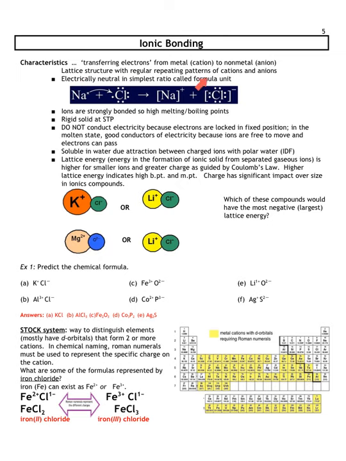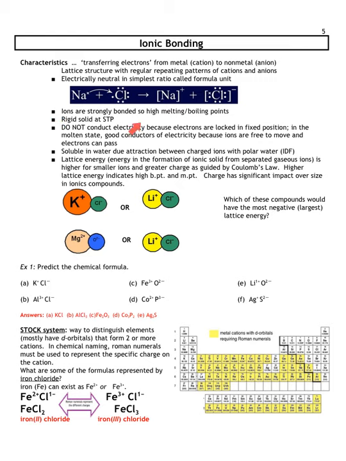A single ionic unit, called a formula unit, is always electrically neutral, which means it's the simplest whole number ratio between the two ions that make up that substance. We will be forming electrically neutral ionic compounds soon enough.